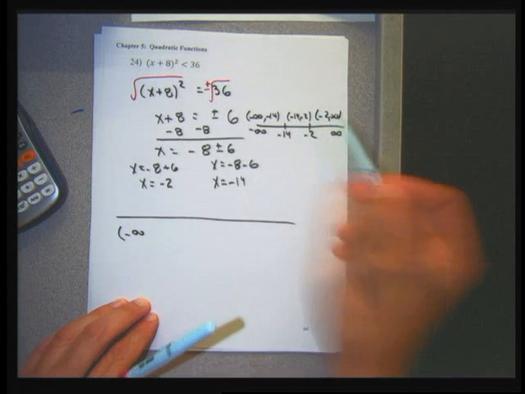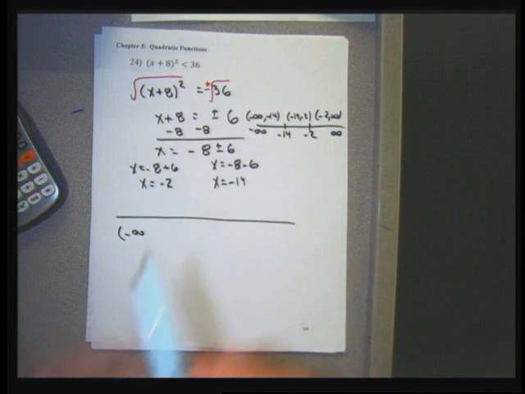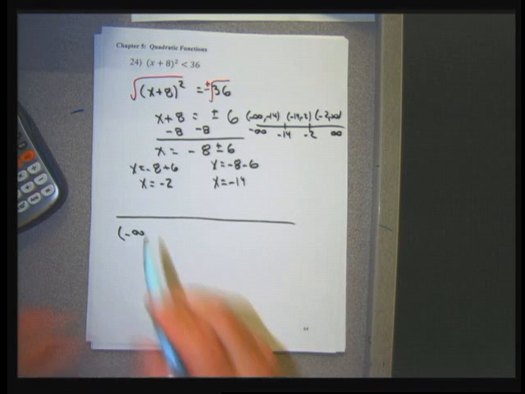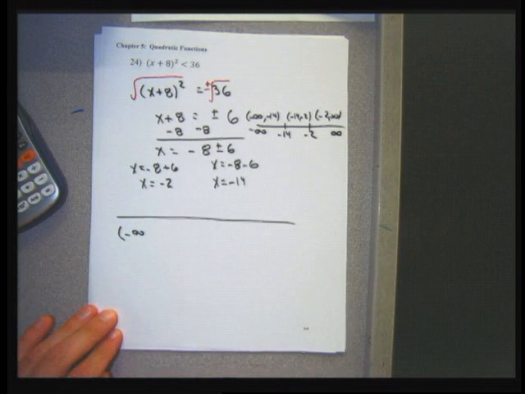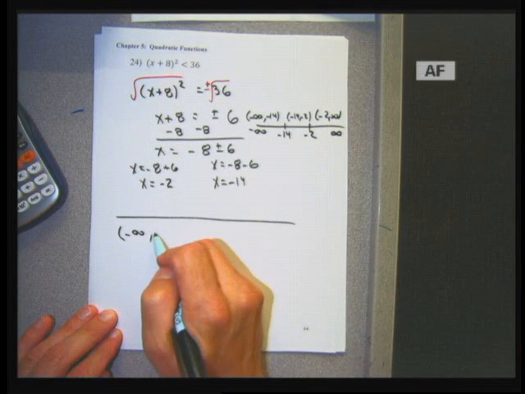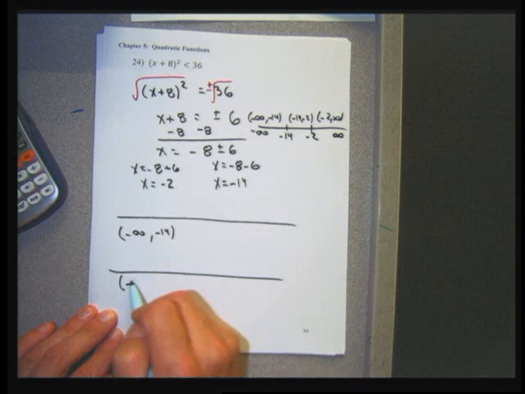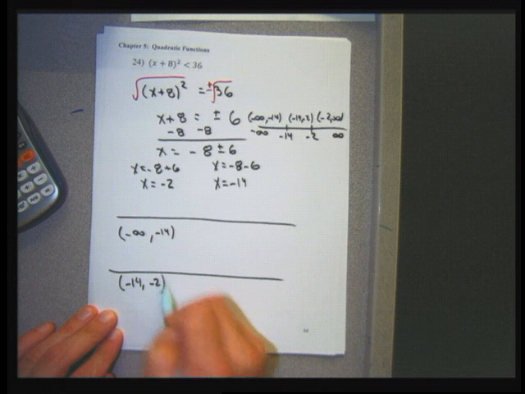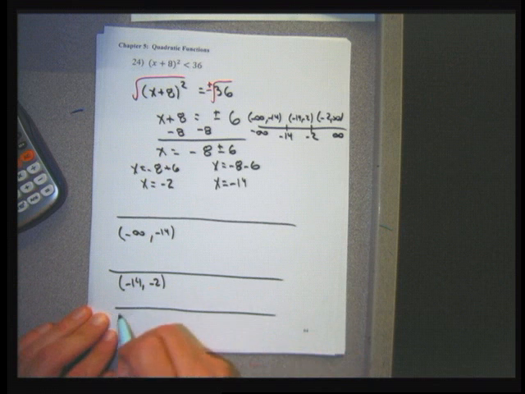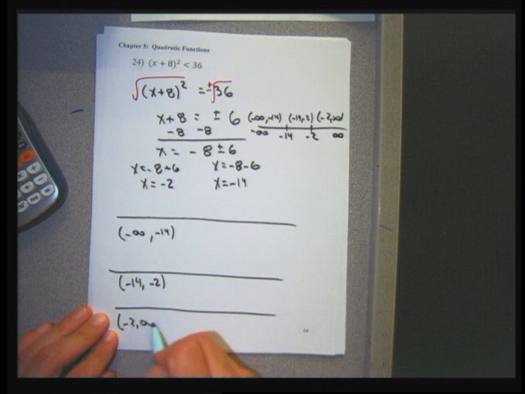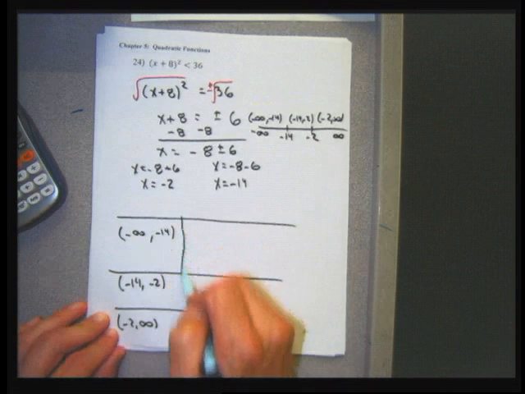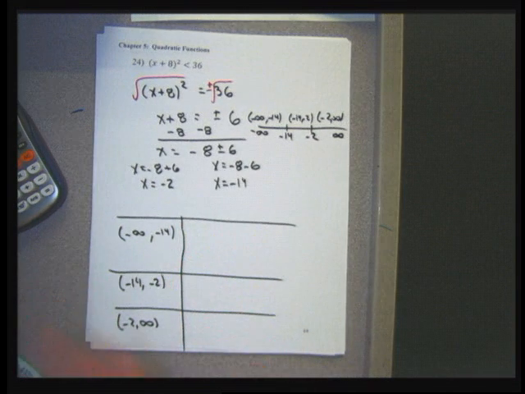I don't really even need to make that. After I do a bunch of them, I know what the table's got to be. But anyways, negative infinity to negative 14 is one of my intervals. Negative 14 to negative 2 is a second interval, and negative 2 to infinity is the third. So I'm getting lazier with my tables because I'm getting comfortable here.